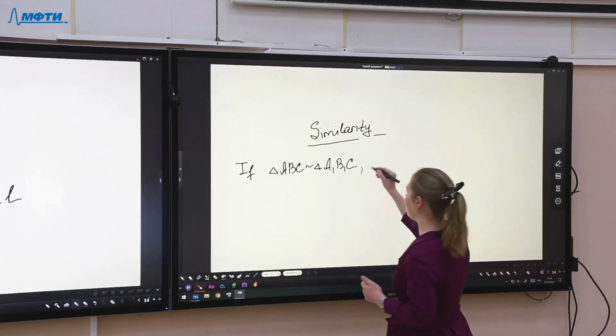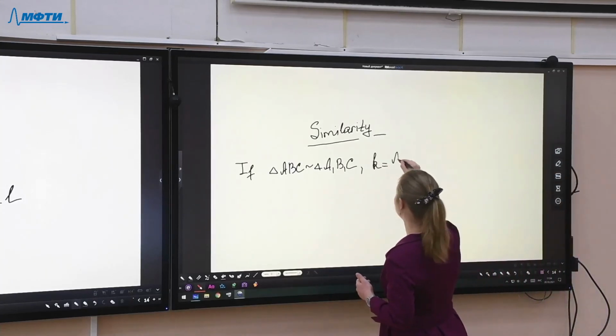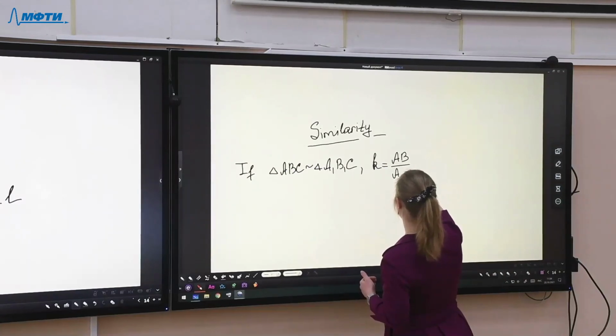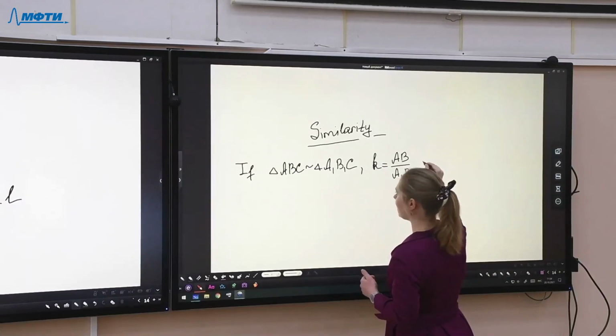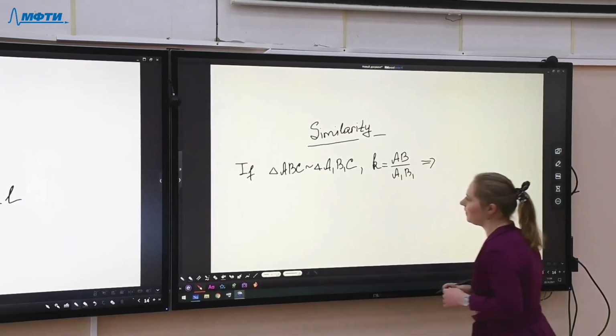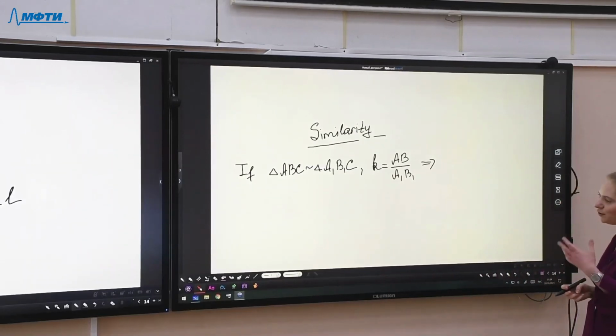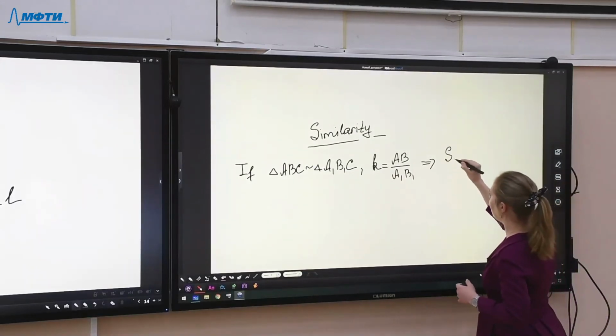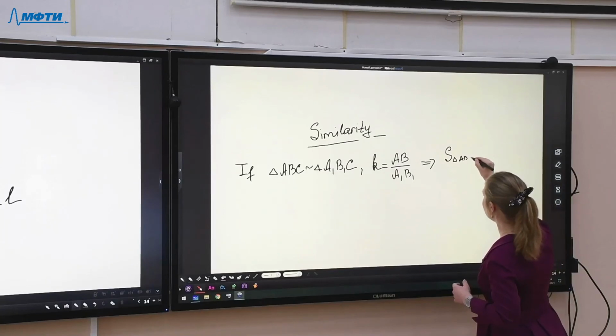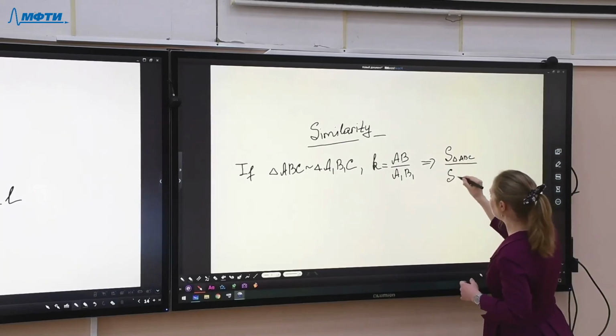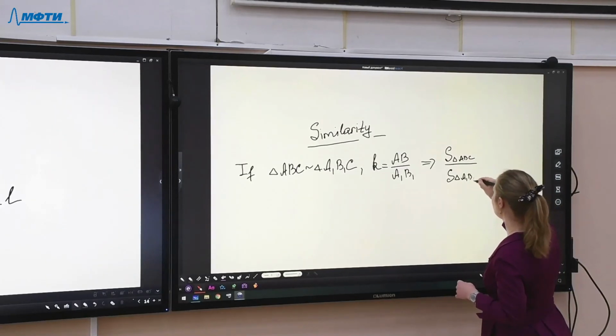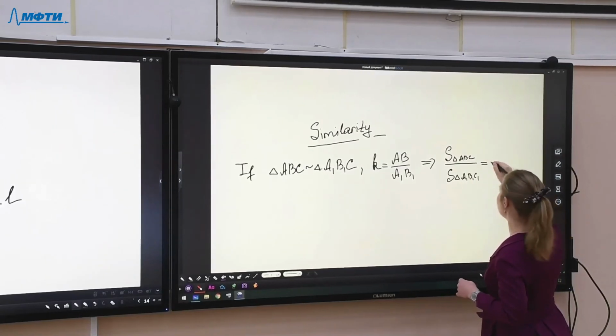So let's say that K is AB over A1B1. Then we can find the ratio of two areas. So the area of triangle ABC over the area of triangle A1B1C1 is K squared.